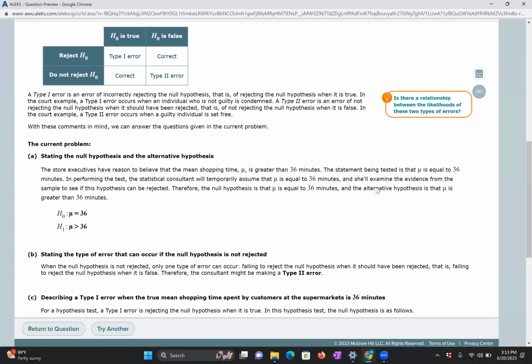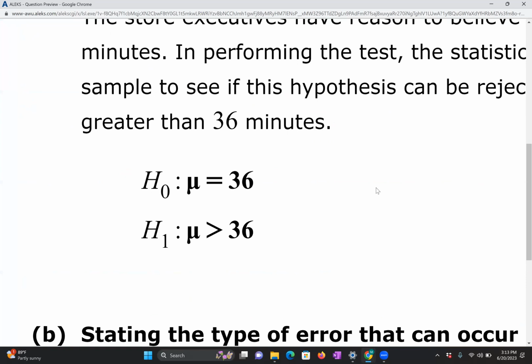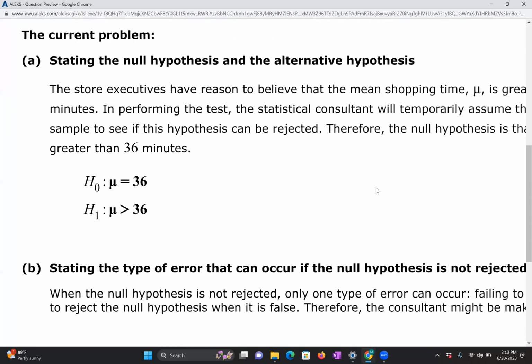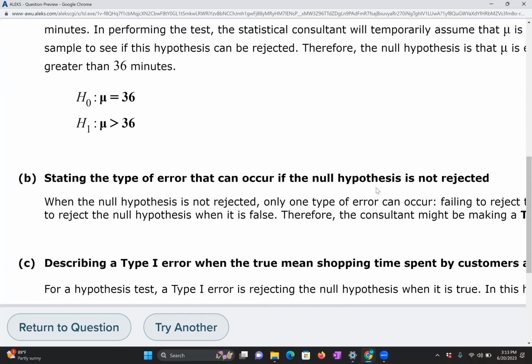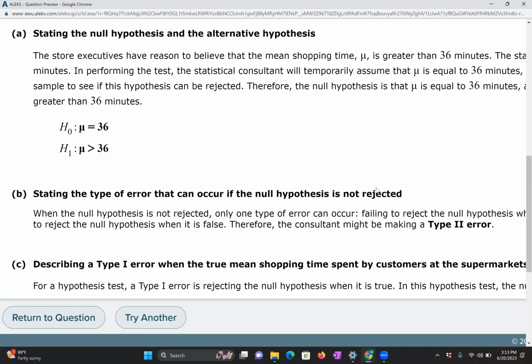So first of all, we are correct in this part where we say that the mu should be equal to 36 versus the alternative hypothesis where the mu is greater than 36, because very specifically they said that greater than was our value.